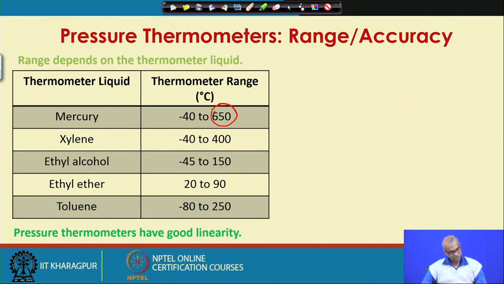That means the mercury filling will be done at higher pressure, so that the boiling point of the mercury increases. So, the range can be extended beyond the normal boiling point only by filling the liquid at higher pressures.